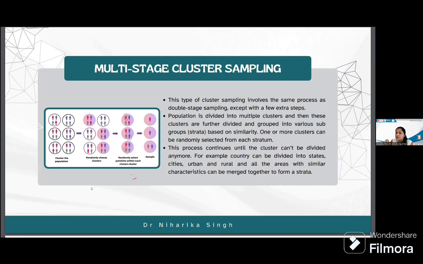And then the unit sample will be randomly selected, and that forms the final part of our sampling. And that is how we do multi-stage cluster sampling. That is much easier, less expensive, but it also is less accurate than single stage cluster sampling.